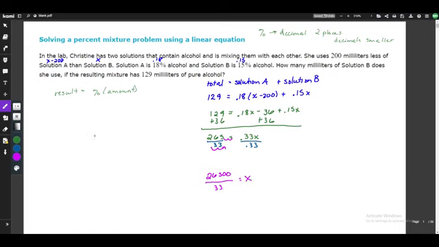I don't want to get a calculator, so we're going to go 26500 divided by 33. I know it will go about 8 times. 24. Assuming I subtracted and added right. 2426. Nope, I probably have a number wrong when I'm thinking about this. We're going to look at it.